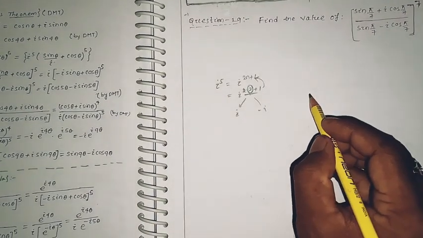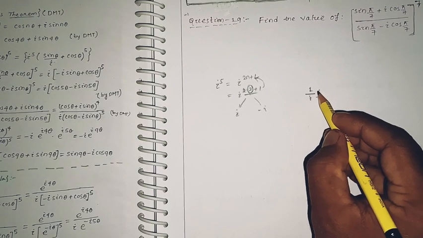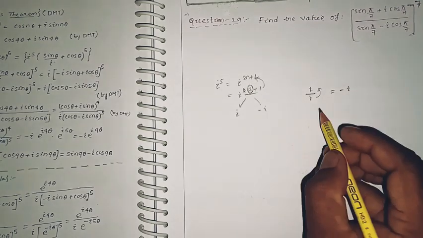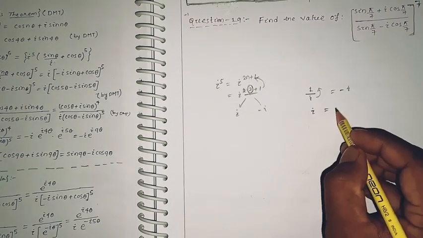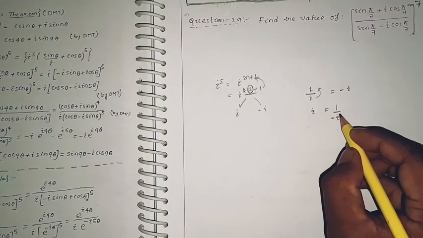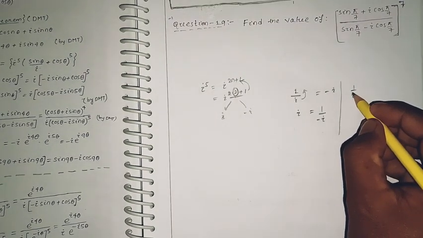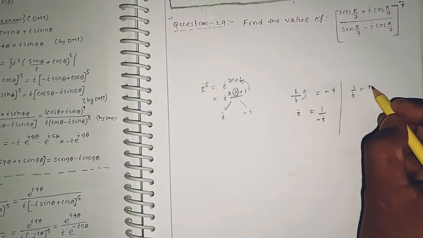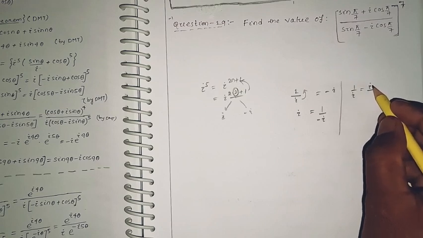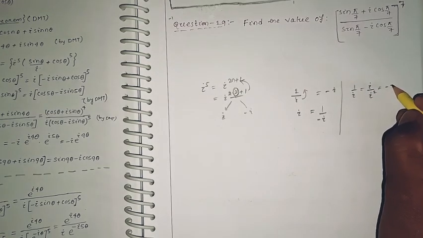Always remember: suppose 1 by i is there. If i is moved to the numerator, it will be minus i. And if i is moved to the denominator, it will be minus i as well. Actually, 1 by i can be written by multiplying i with the numerator and denominator; the denominator becomes i square, which is minus 1, so it becomes minus i.